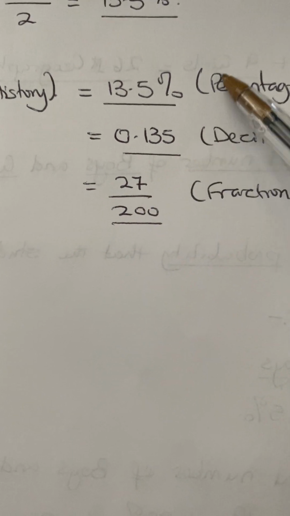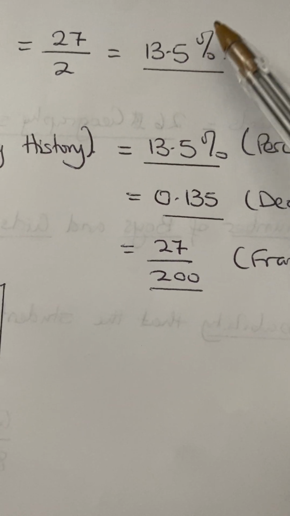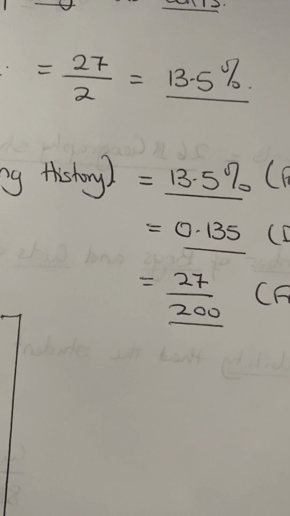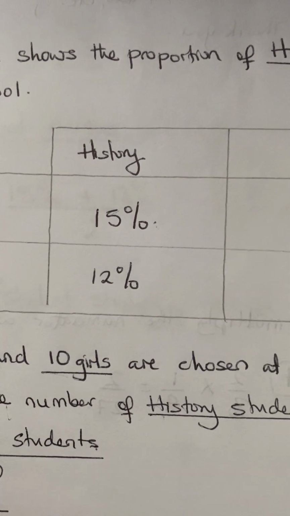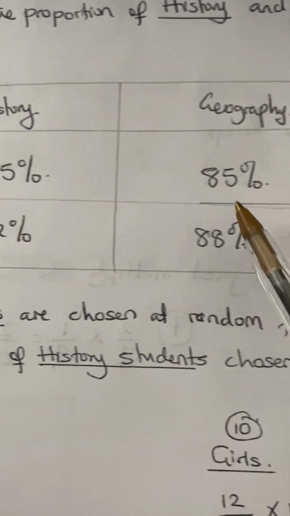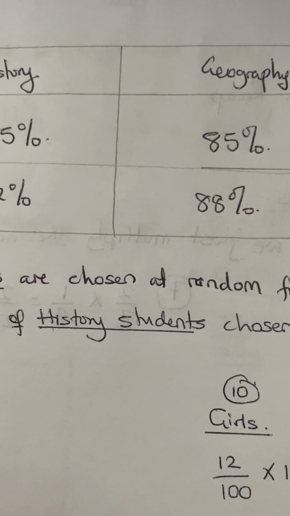So unless they ask me to do anything, I'm just going to leave the answer as a percentage, because look, the table gave me everything as a percentage. So I don't want to waste time.